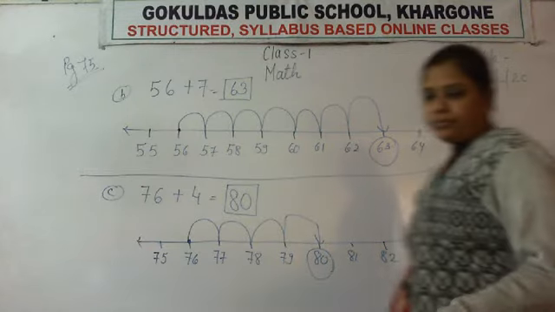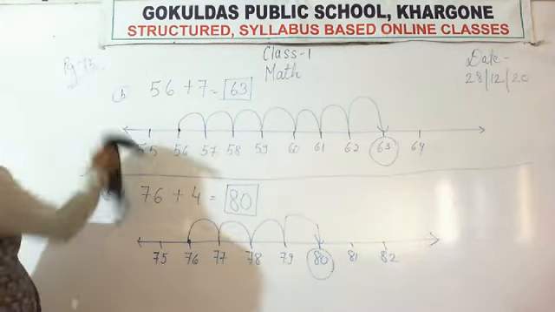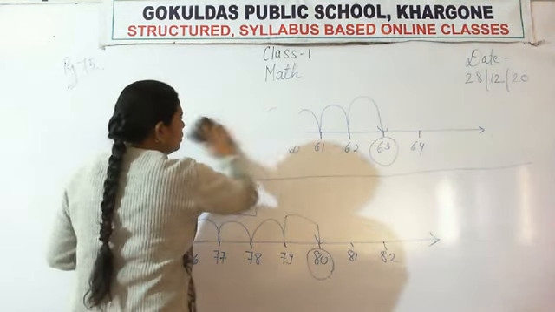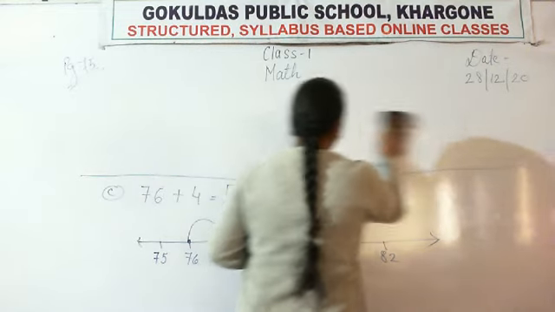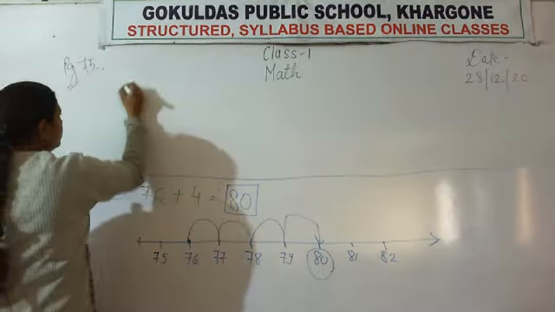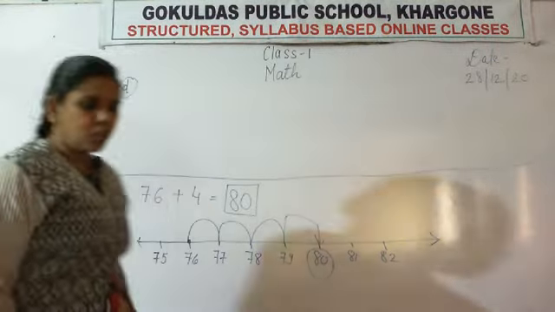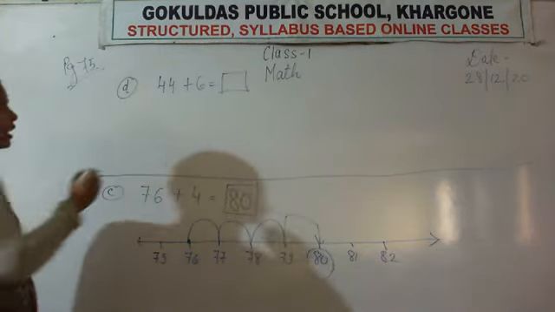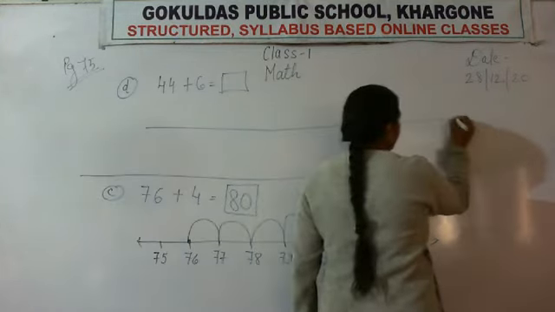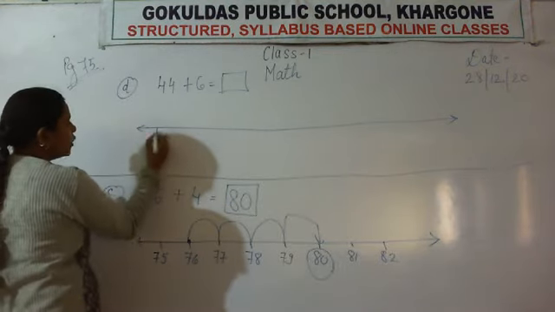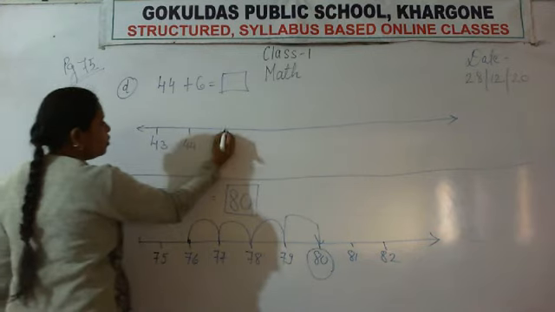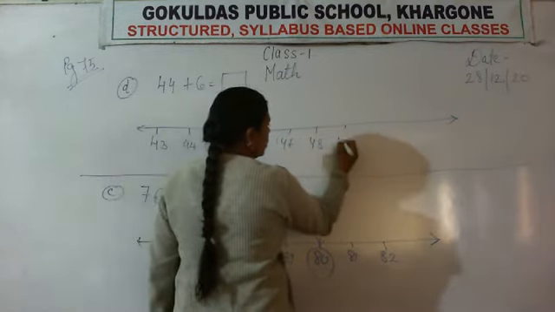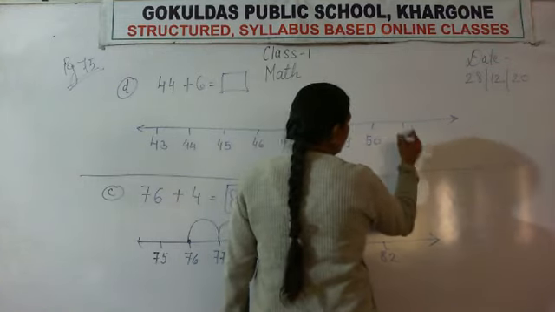Now next question, D. Write D. And what is the question there? 44 plus 6. 43, 44, 45, 46, 47, 48, 49, 50 and 51.